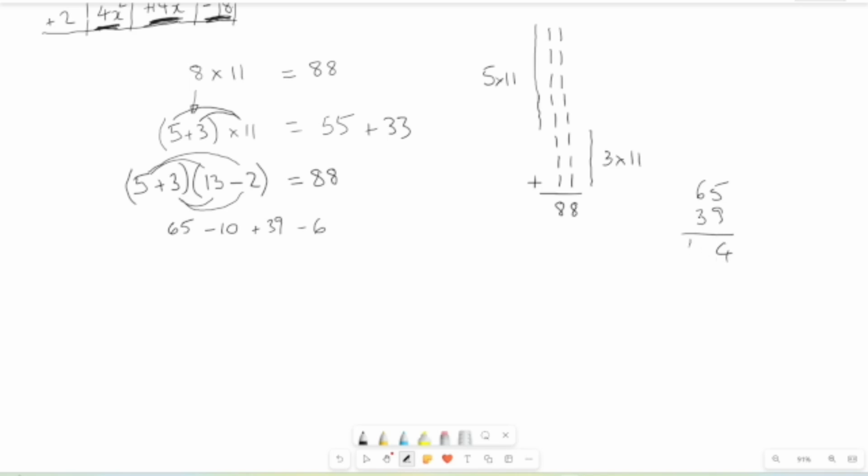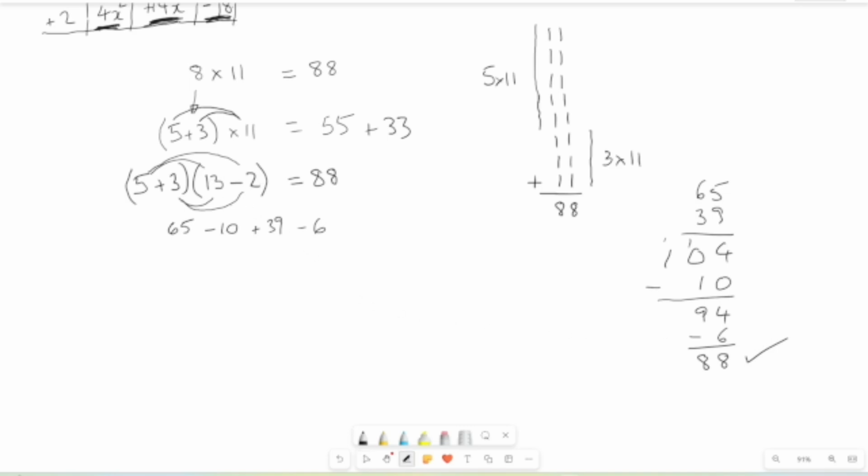Put down the 4, carry 1. 6 and 3 and 1 is 10. 0, carry 1, 104. Now, I think the minuses we can probably do in our head from this. So let's take away 10. 104 take away 10 is going to leave 94. And then we've got the minus 6 here to deal with. So if we take away 6, that leaves us 88, which is the correct answer.